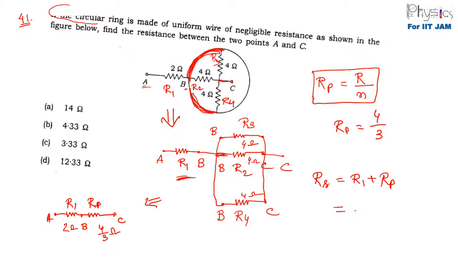So here 2 plus 4 by 3, right? So 2 plus 4 by 3, if we calculate it in the calculator, becomes 3.33 ohms. That is option C, 3.33 ohms.